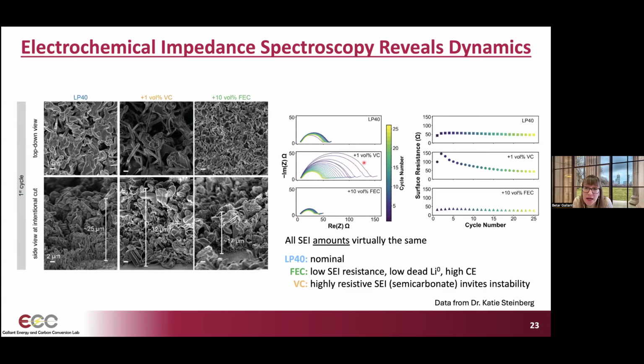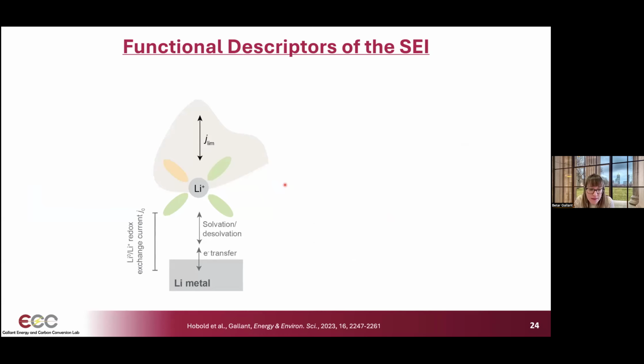It actually starts high and decreases over time. We think this is related to the increasing unstable SEI phases, as indicated previously, over cycling. So more work is still to be done on that, but that's just to emphasize that we can start to see changes in the electrode residuals over time too.